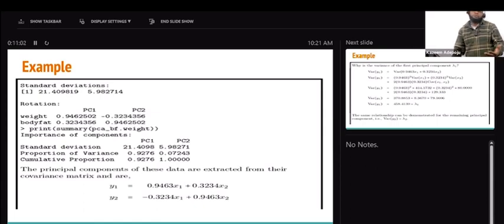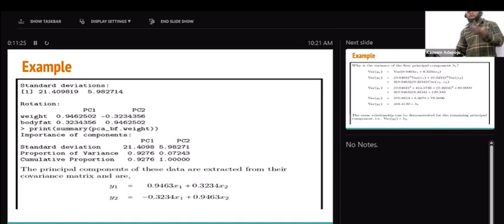And when you take a look at PC1 and PC2, it's basically a linear combination of the old ones. In PC1 you're going to have the coefficient for weight, the coefficient for body fat. Okay, you're going to see the two in the PC1 and the PC2.